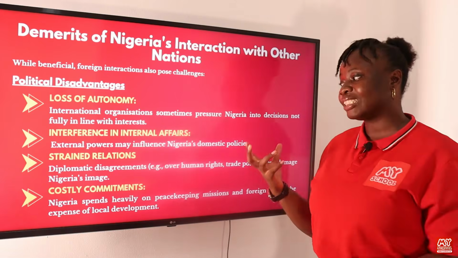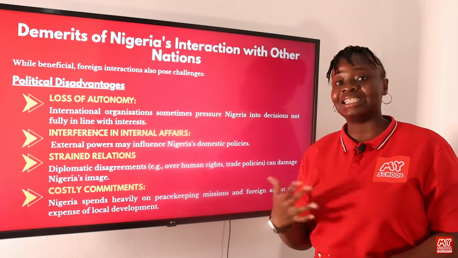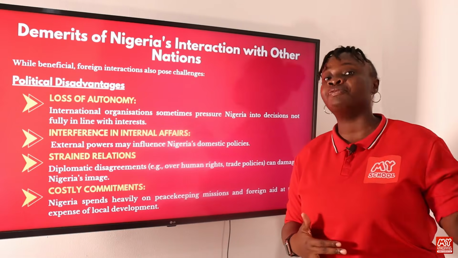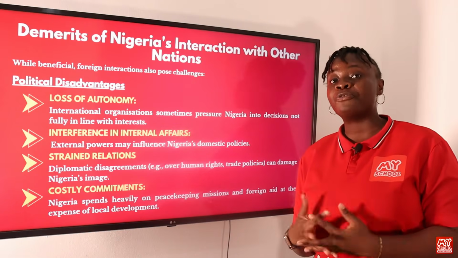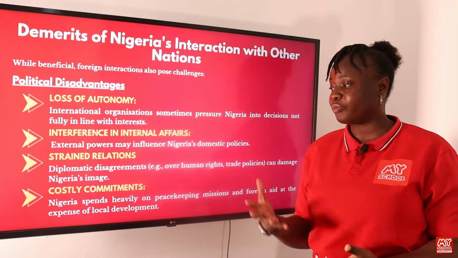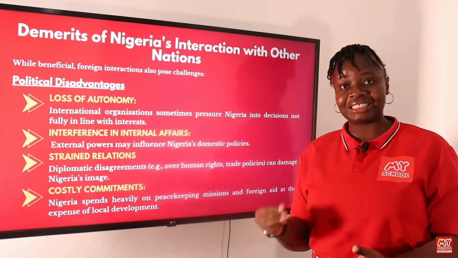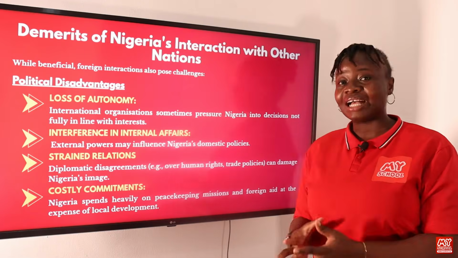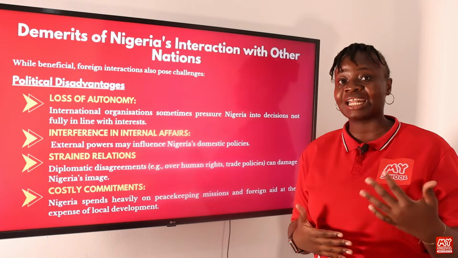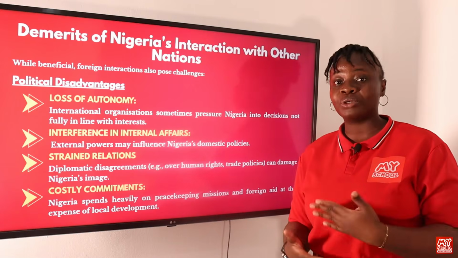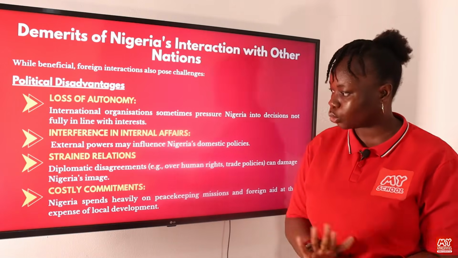So sometimes there are some things that our leaders do that are not in favor of other nations of the world. Other nations of the world may frown at some of the actions that have been implemented by the leaders here in our Nigerian society. And so this can lead to a strained relationship with other important nations, nations that can help to advance us politically, economically, culturally, and so on.